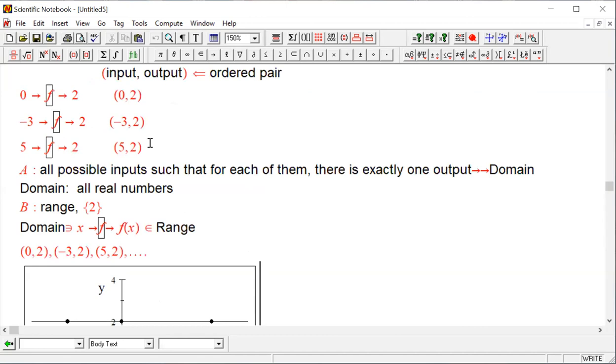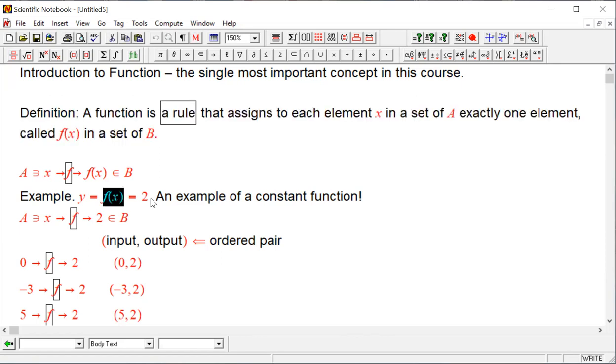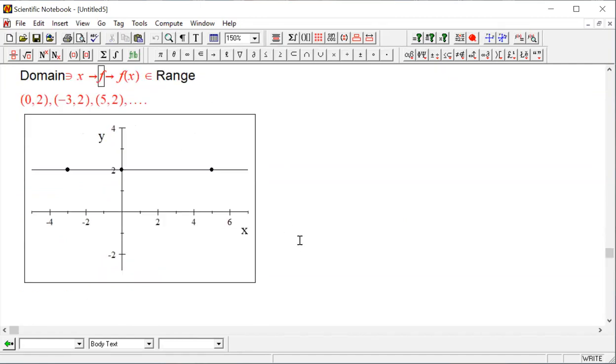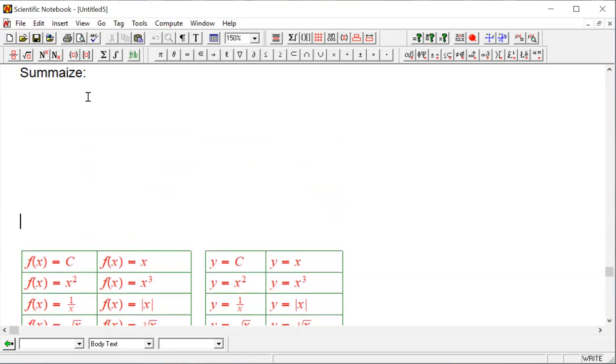We studied the definition of function. We know a function is a rule that assigns to each element x in a set A exactly one element called f of x in a set B. So in our case, the function, which is a constant function, assigns each input the value of 2. It produces a graph and we identify the domain and range. We're going to talk about all these other functions later.